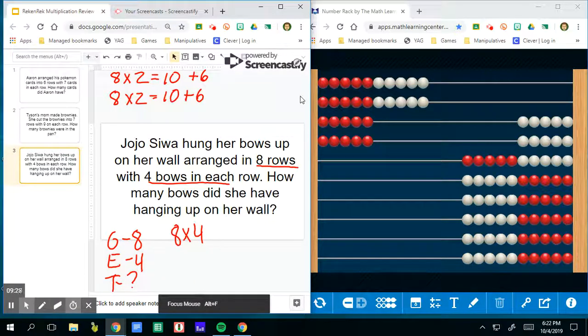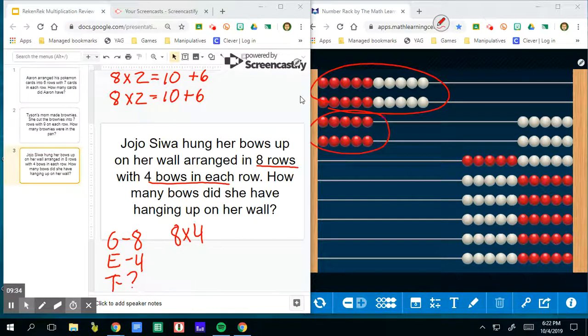10 plus 6. So I have 10 plus 6 plus 10 plus 6, which means I have 2 10s and 2 6s. So 10 plus 10, that equals 20. And 6 plus 6, that equals 12.